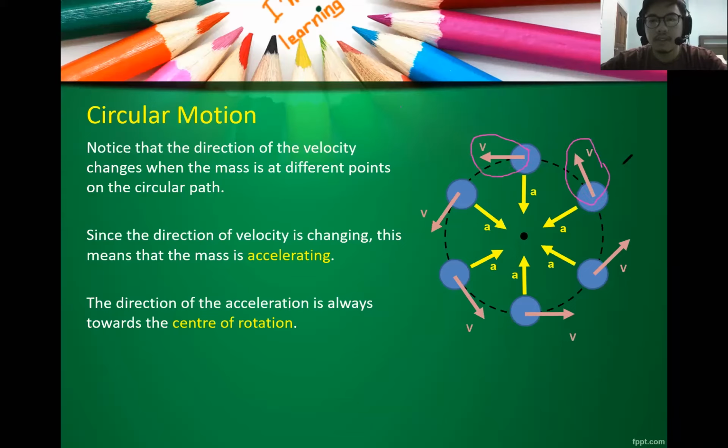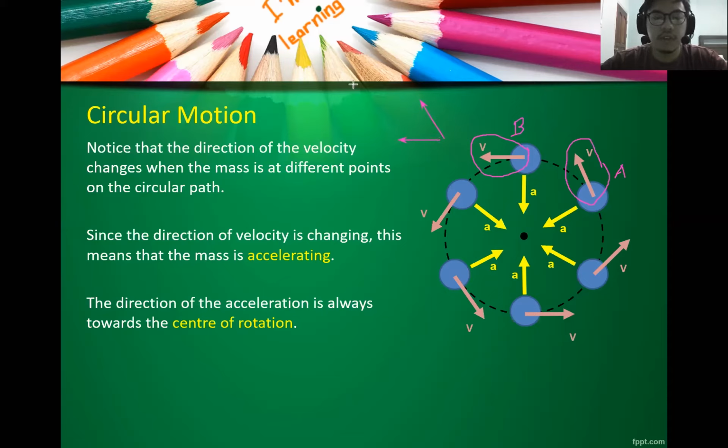Let's call this vector A, and let's call this vector B. Let's redraw these two vectors and see what is the difference between them. Vector A is pointing in this direction, to the northwest, and vector B is pointing to the west. So what is the difference between these two vectors?